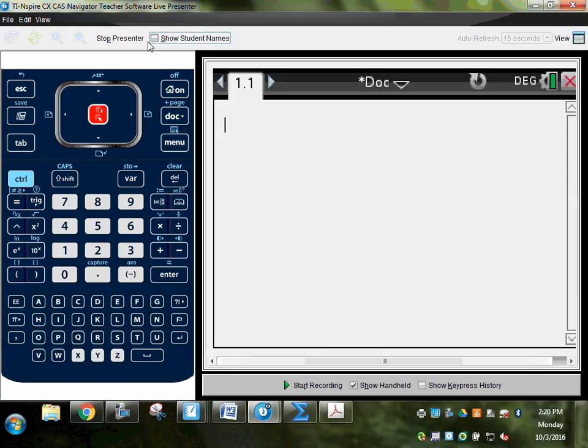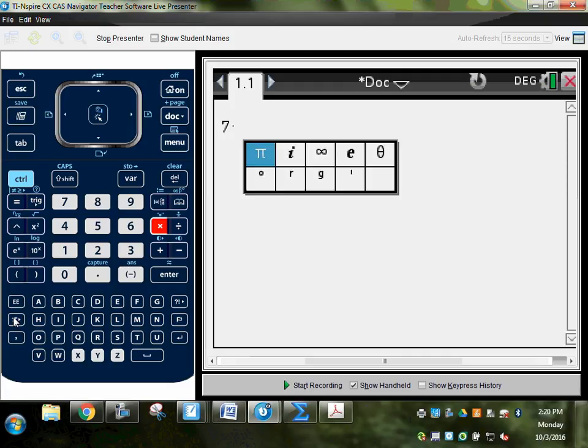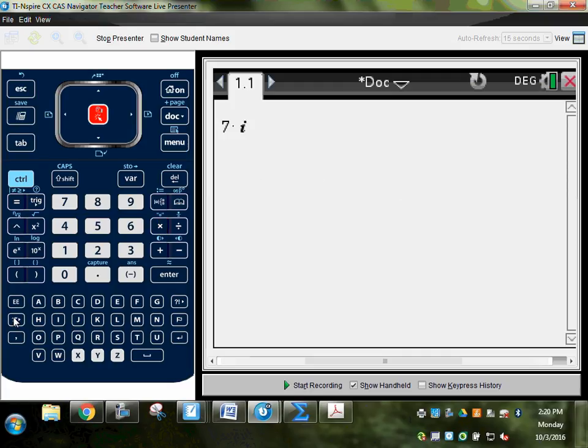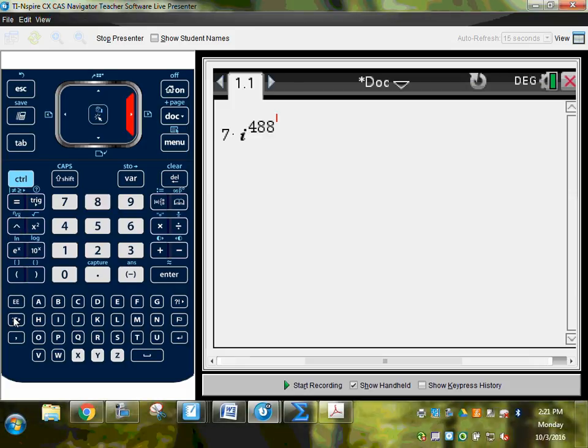We're going to find the i button. Let's input that last question. Go in and do 7 times, and you find the i button by pressing the pi and arrowing over. So 7 times i, raised to the 488, and so on. Input the rest of that last question and watch what the calculator gives us.